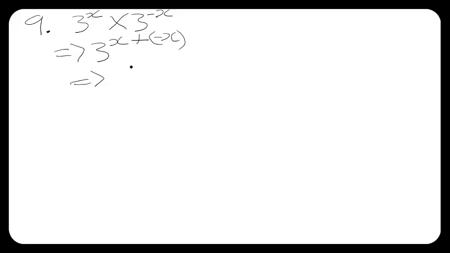So this is the same thing as 3 raised to power x minus x. So x plus minus x is x minus x. So that means you have 3 raised to power 0. 3 raised to power 0 is what? 1. Do you understand?